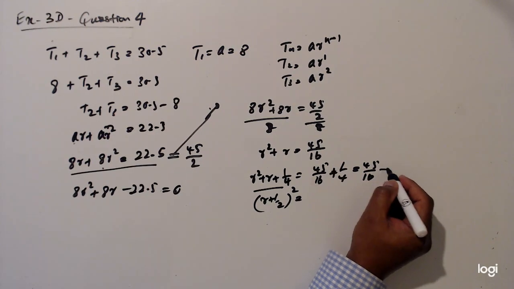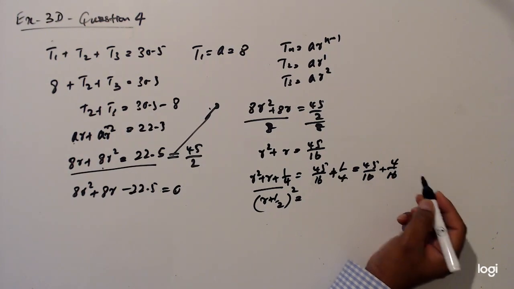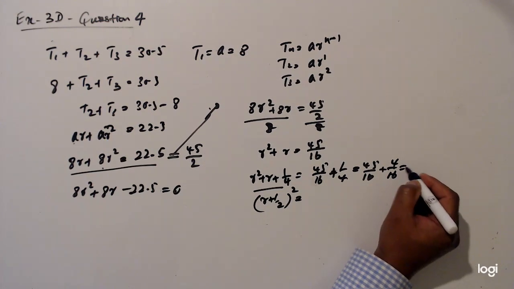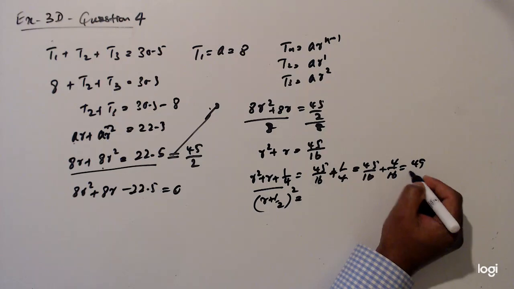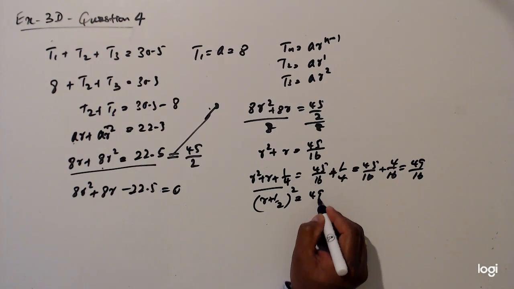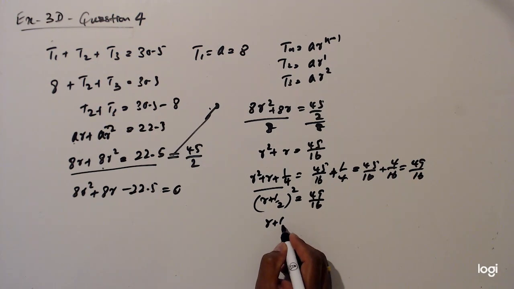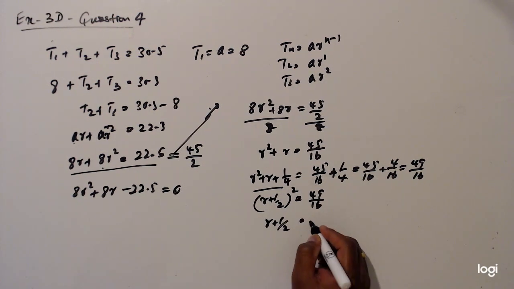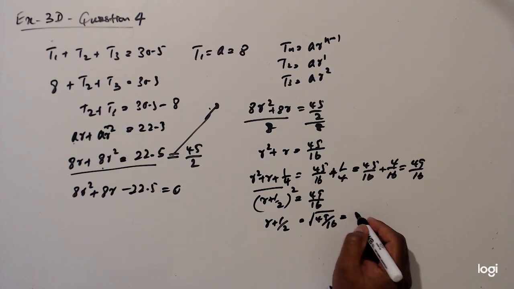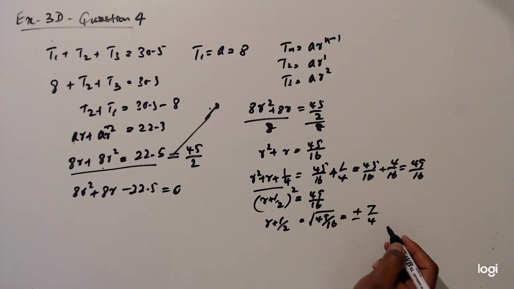I will make the denominator the same by multiplying numerator and denominator by 4. So 4 over 16, that is 1 over 4, it's the same. Now this becomes 45 plus 4 over 16, so this is 49 over 16. So then R plus half is the square root of 49 over 16, that is plus or minus 7 over 4.